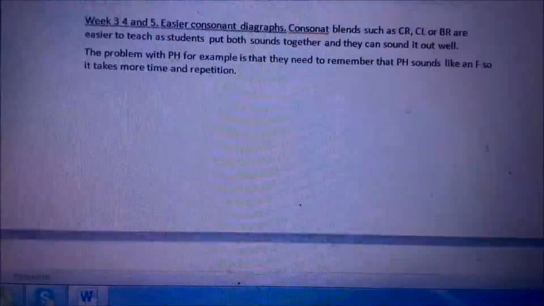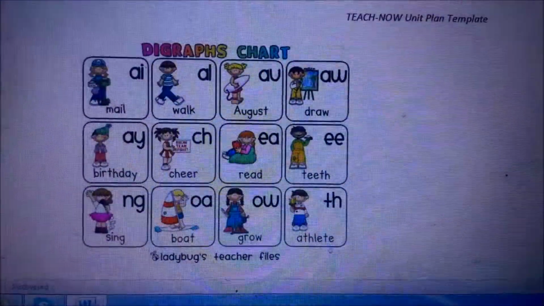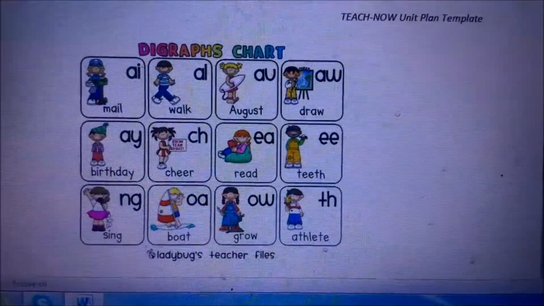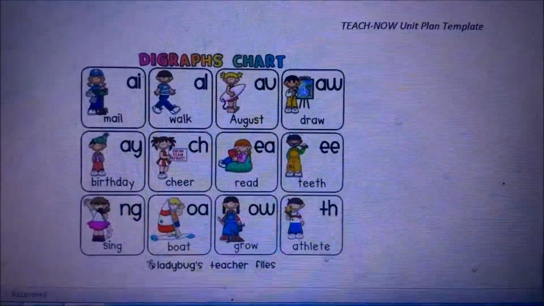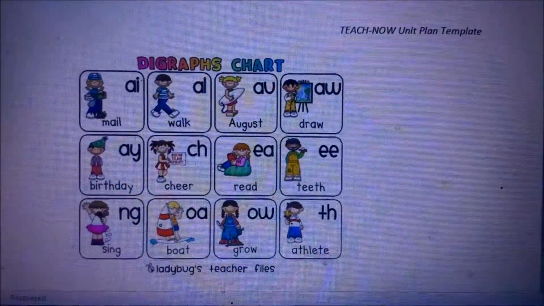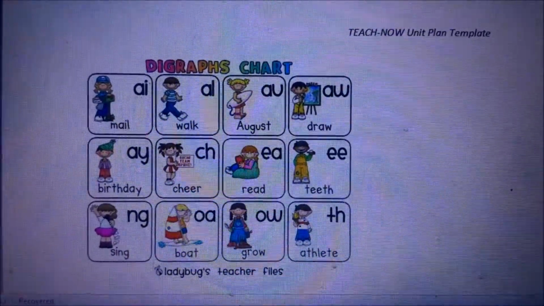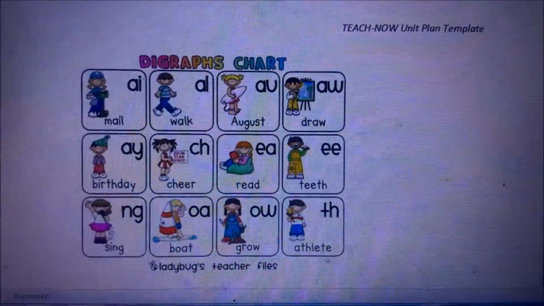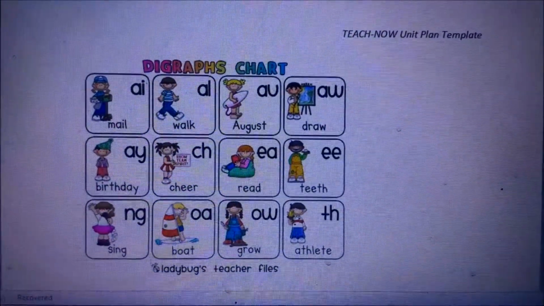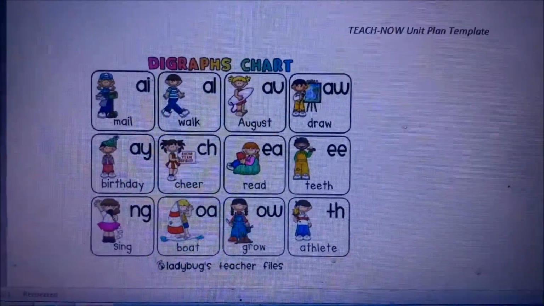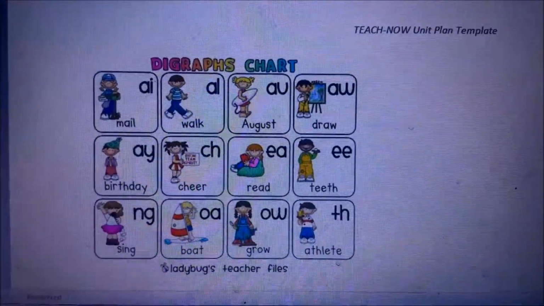As for CVC words, my insight is that I can use memory games, because I am an English learner as well, and these words sometimes don't follow any grammatical rule. You have to learn it by memory, so playing memory games could help them a lot. So that would be my improvement.